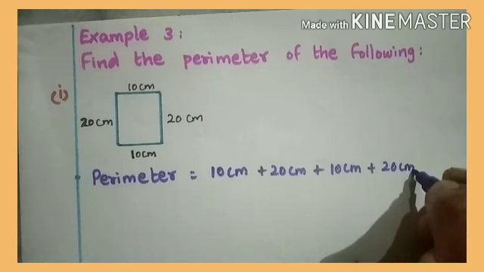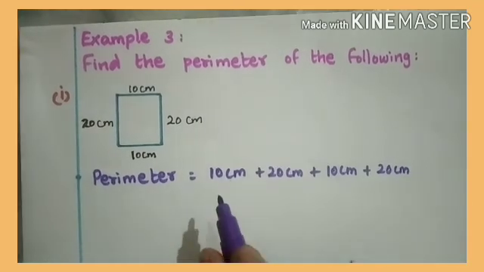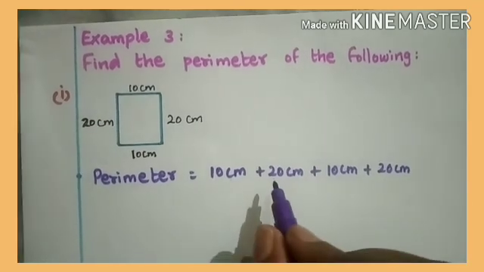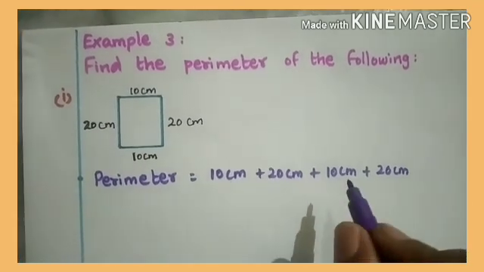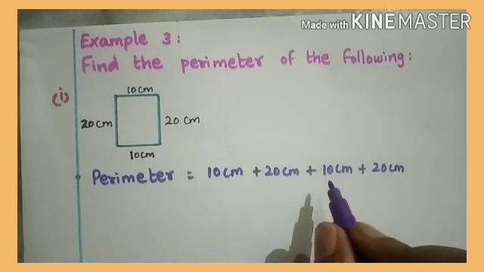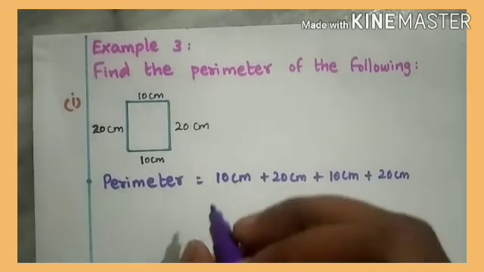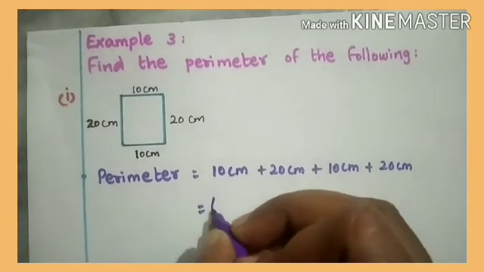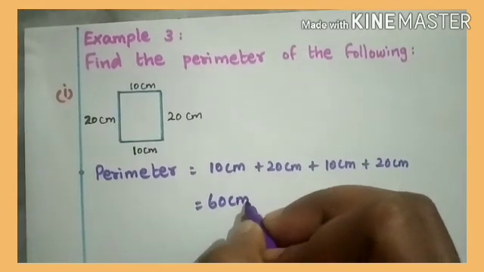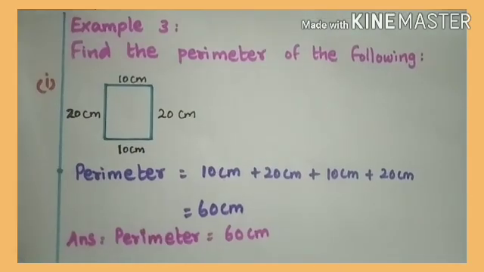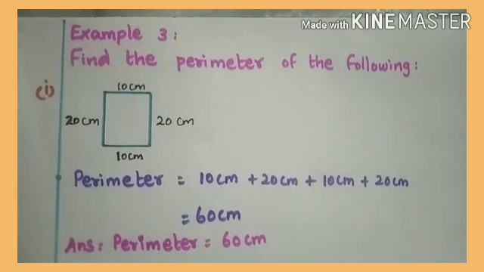Let's add these numbers. Add 10 plus 20, we get 30. Then add 30 and 10, we get 40. Then add 40 and 20, we get 60 centimeter. Now we get the answer: perimeter is equal to 60 centimeter.